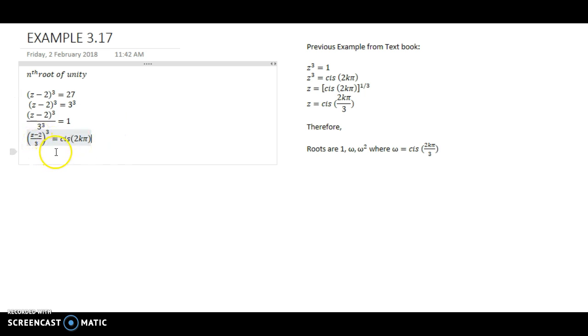And then from there it's just using De Moivre's theorem to get z by itself. So the first step would be to get rid of the cubed, can bring into this form, where we end up with something very similar, but in this case the left-hand side is a little bit more complex.